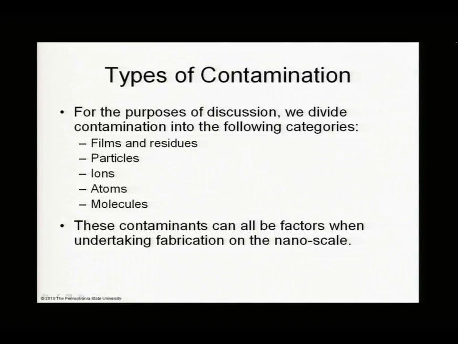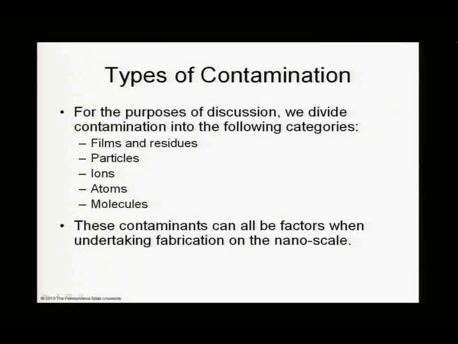Particles can be contamination. There's all sorts of particles. Some can be down in the nanoscale, and if they're there and we don't want them there, and we're not controlling their presence, that's contamination. Ions, which of course are atoms or groups of atoms that are charged, can also be contamination.